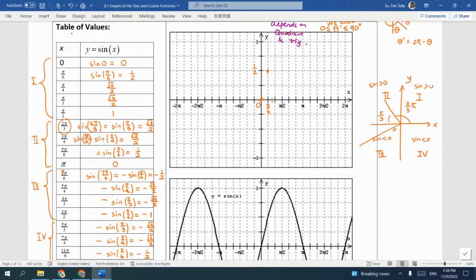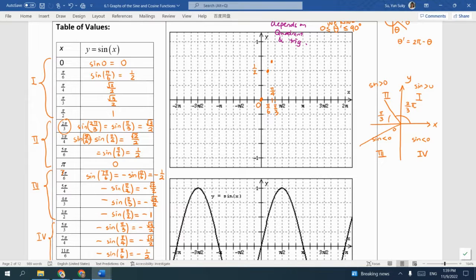And then pi over 4. Pi over 4 is in the middle of 0 and pi over 2. You see? This is pi over 2, so this is pi over 4. And we get root 2 over 2, which is bigger than 1/2. So let's say this is root 2 over 2. We plot that. Pi over 3, okay, are you able to see what I write here?